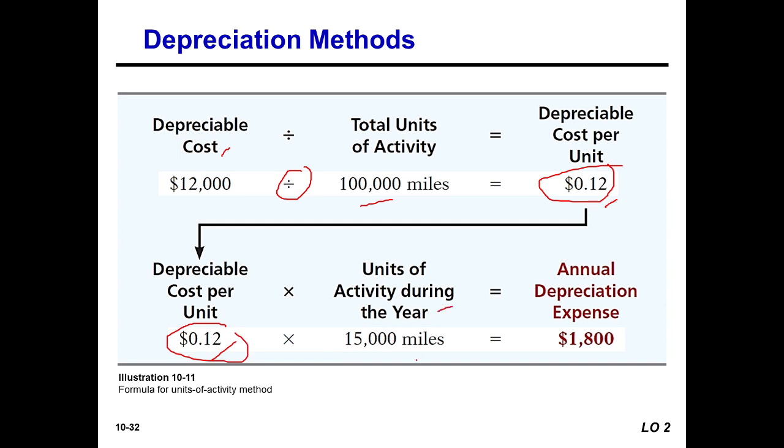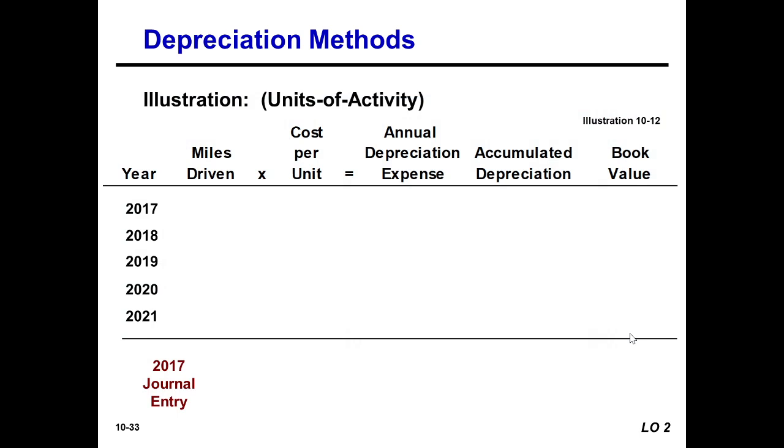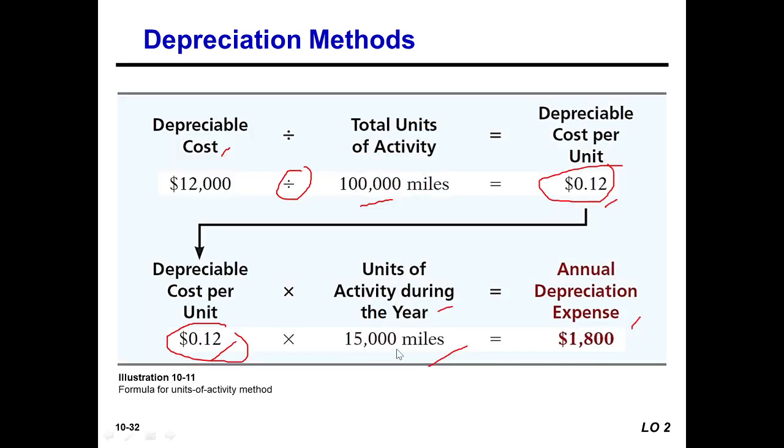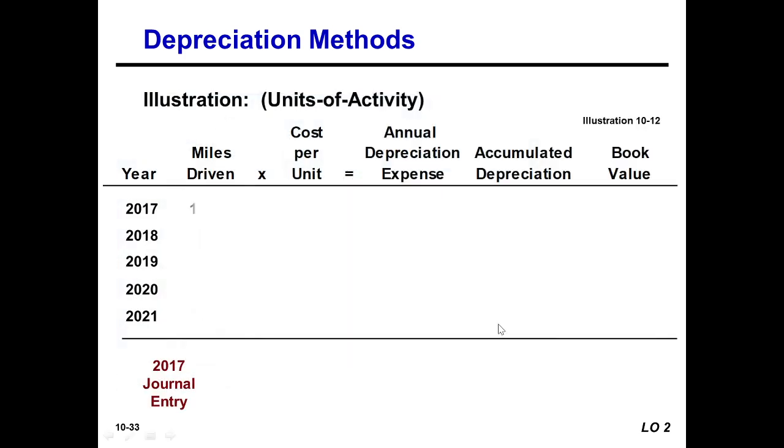During the year, 15,000 miles, and annual depreciation expense is 1,800. That means this is the first year's miles, 15,000 miles. We have 5 years, so first year 15,000 miles. Okay, please look here.